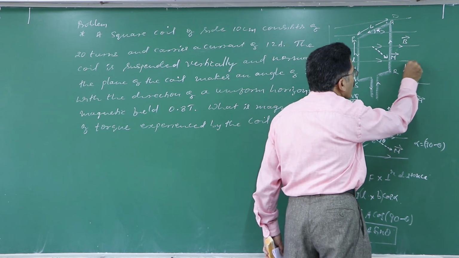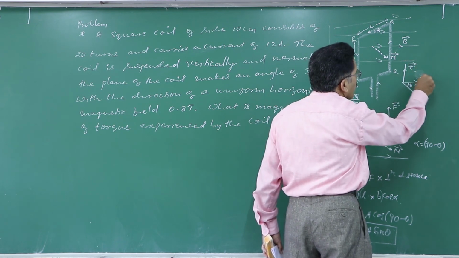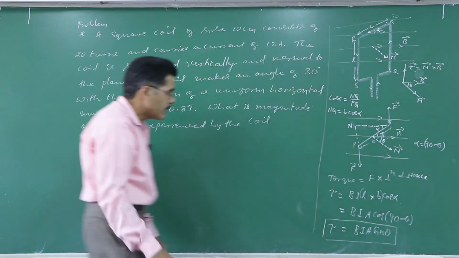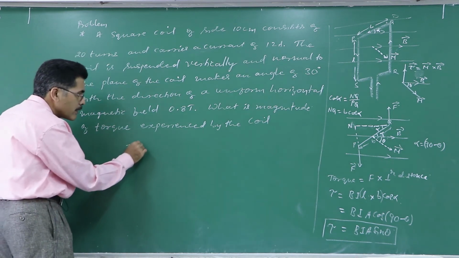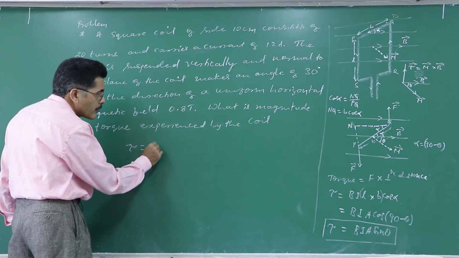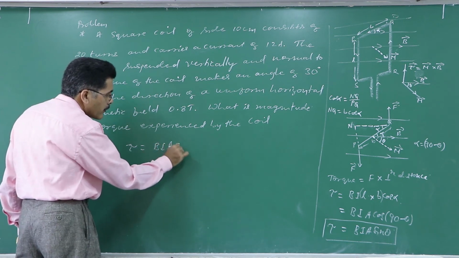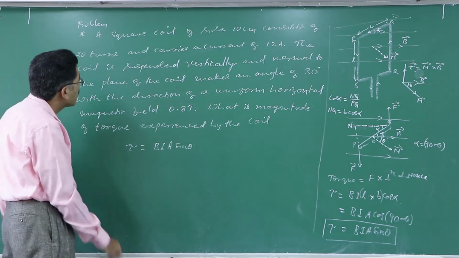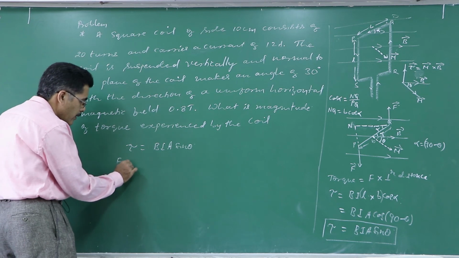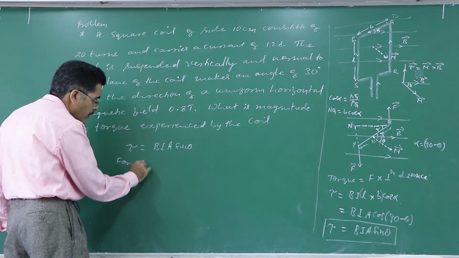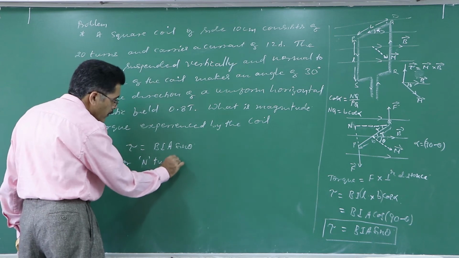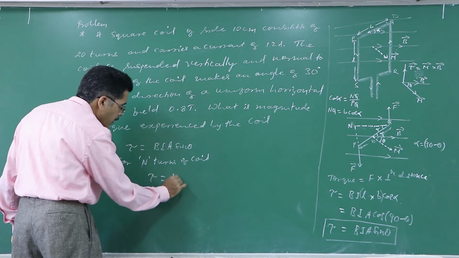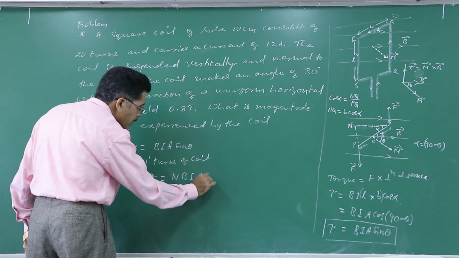This is the direction of torque, and torque is M cross B. Therefore torque is equal to BIA sin theta. They have given N, 20 turns. For N turns of coil, the torque is given by N into BIA sin theta.